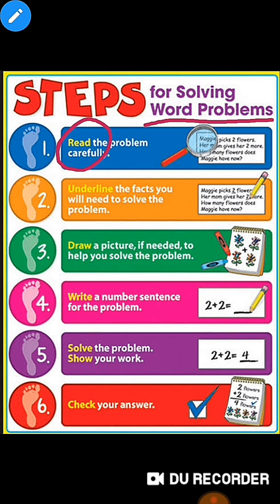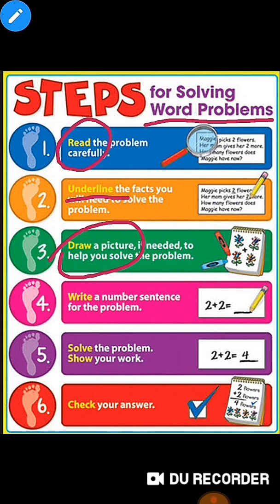Read and understand it so that you come to know what you actually have to find. For that, you may underline the facts that are given to you and that you will need to solve the problem. In case you need, you can also draw a picture which will help you to solve the problem.